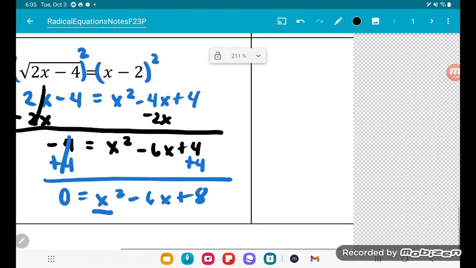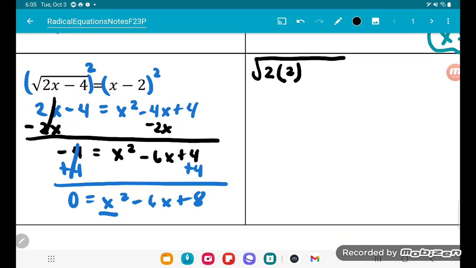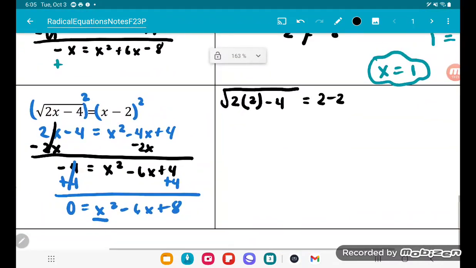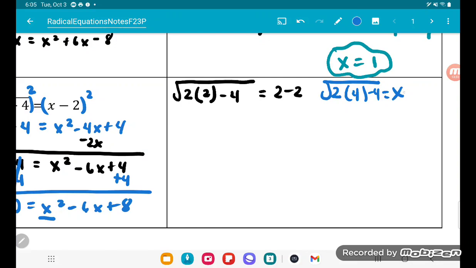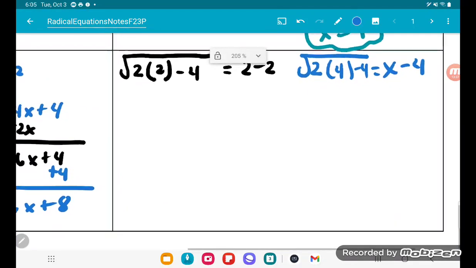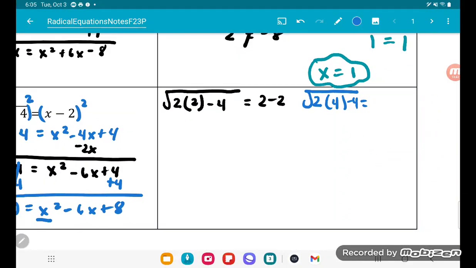We're going to take both of those and plug them into the original equation. Square root 2 times 2 minus 4 equals 2 minus 2. And then the other one is square root 2 times 4 minus 4 equals 4 minus 2.